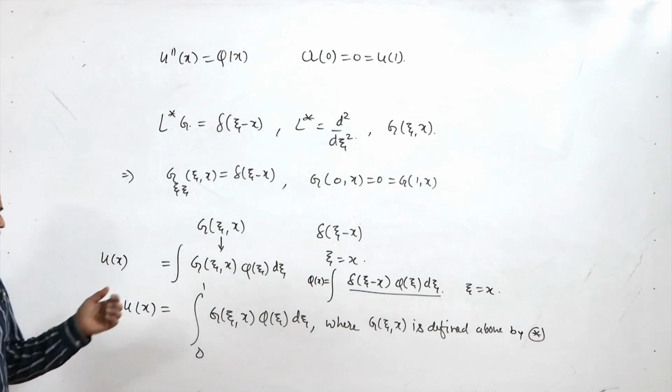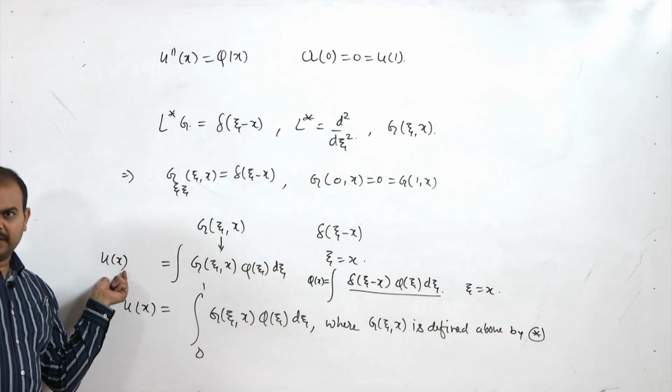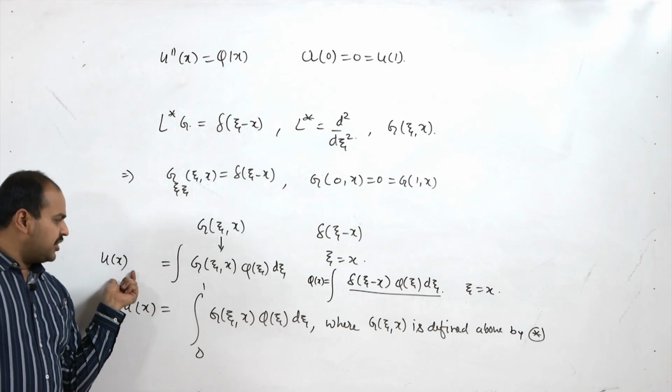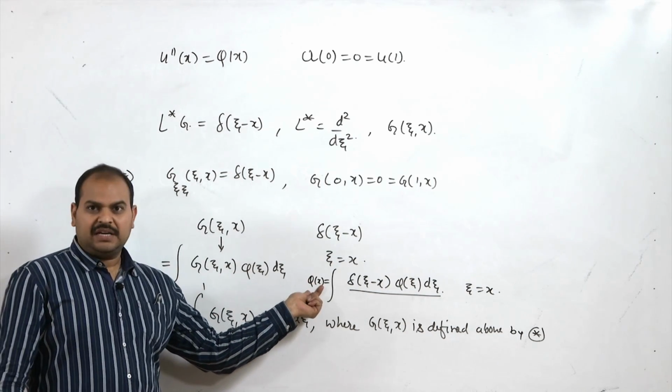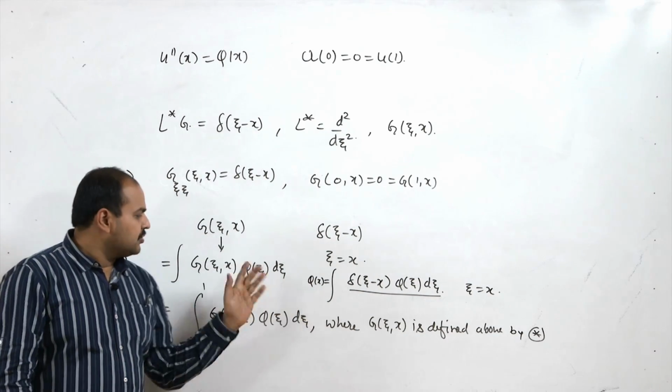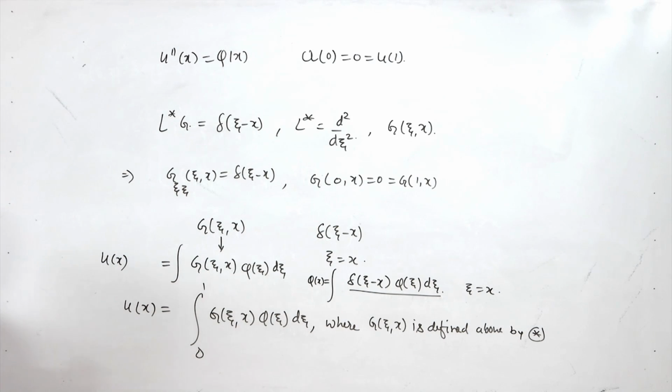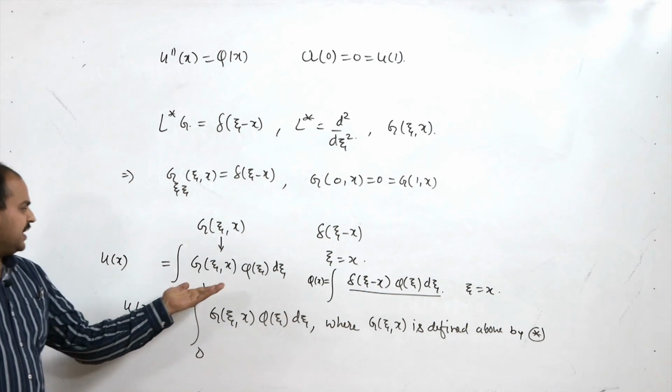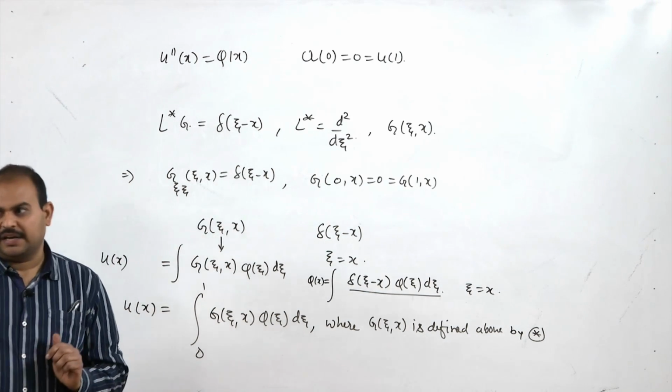Is it okay? So it means that u(x) is going to be a deflection in your string if phi(x) is the force applied on the string per unit length. So that maybe we can consider as an explanation for this g(xi, x).